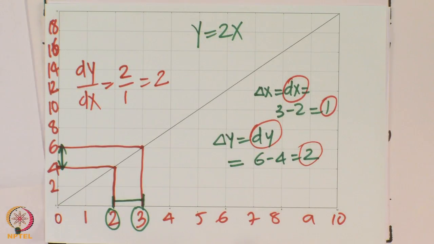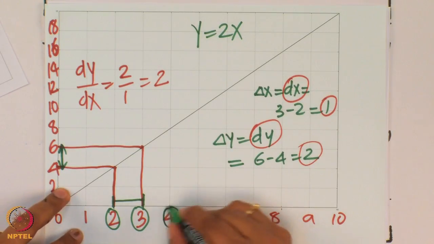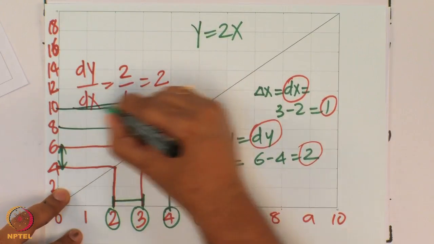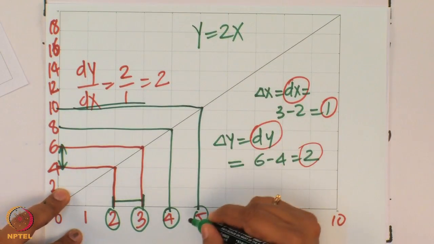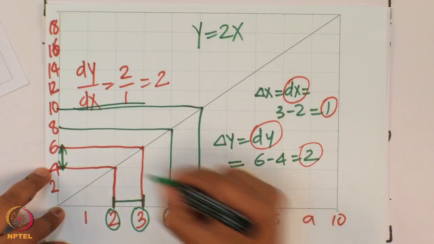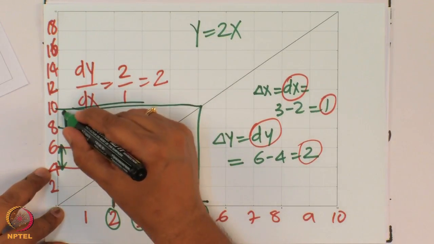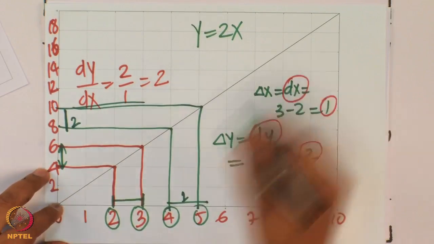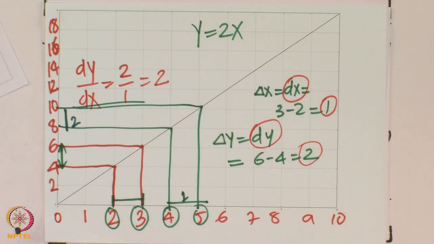Now if we were to take some other values of x and y, you will essentially get a similar number. Take 4 and 5, correspondingly you will get 8 and 10. So this is 1, this is 2, so 2 divided by 1, you will again get the derivative as 2.